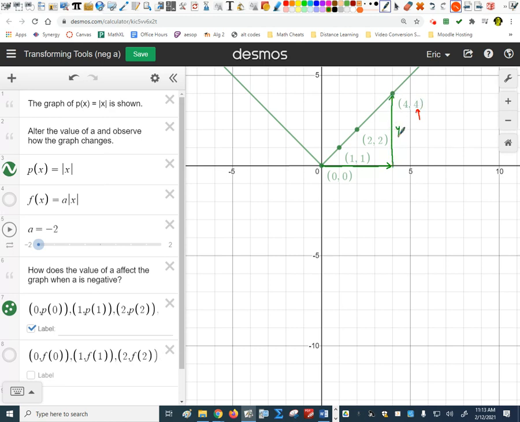It's telling me that my height is going to be 4 normally, right? But in this case, look at the value of a. The number a that we're multiplying out front, the vertical dilation factor, is -2. -2 is the vertical dilation factor.